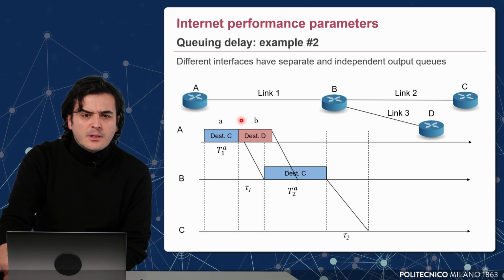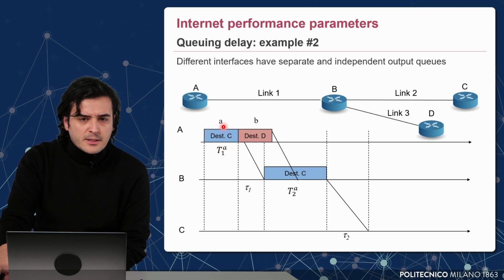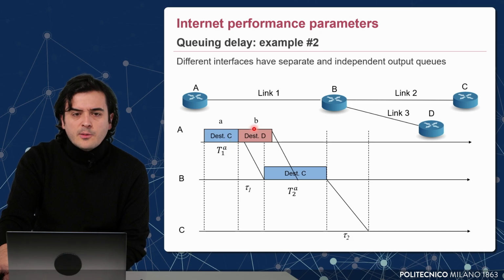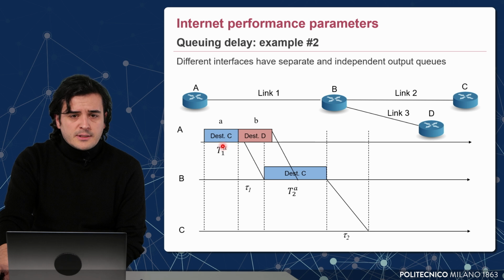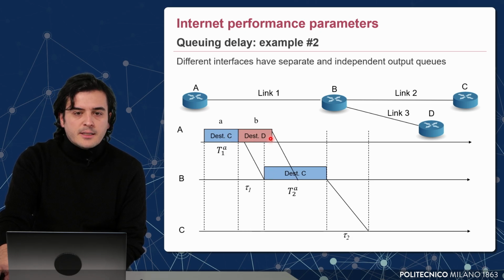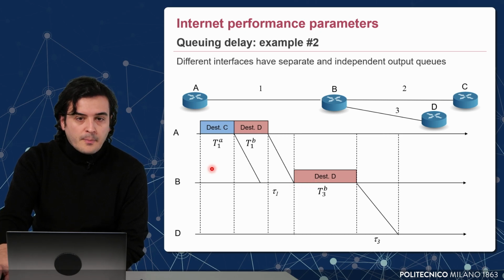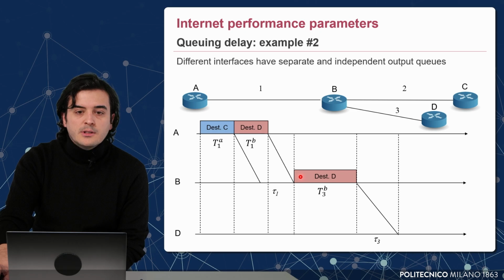Here we have an example of 4 nodes, A, B, C, and D. We have packet A, which is destined towards C, and packet B, which is destined toward D. In this case, we notice that once packet A has been transmitted from A to B, since packet A and packet B have different destinations, B can proceed with the transmission of packet A, and at the same time, B can proceed with the transmission towards node D.